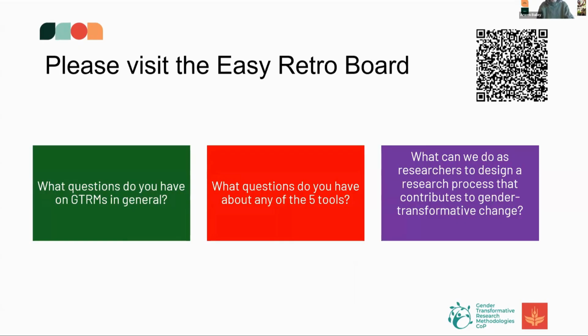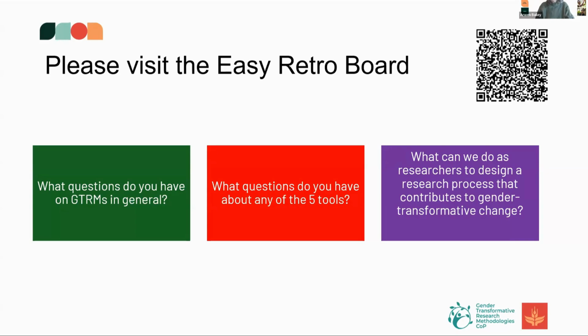So we've got 3 main questions for you. The first one is if you've got any questions on what we've been talking about so far, about this whole concept of gender transformative research methods as a general concept. And then if you've got any questions about the 5 tools that we're about to present.